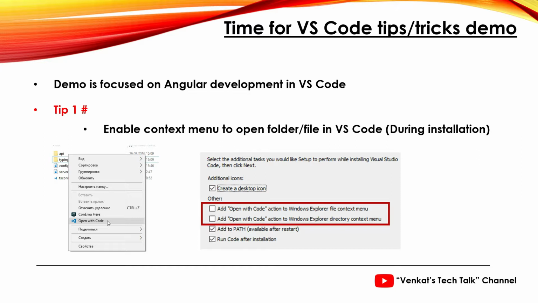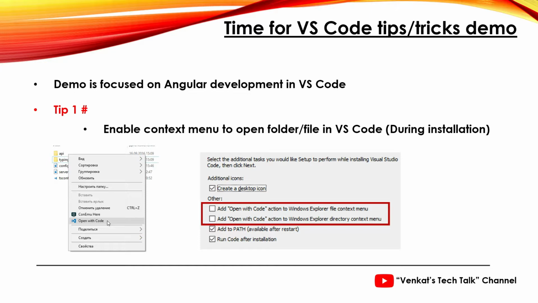If you do that, you will miss these two options, and then when you go to a folder and try to open it in Visual Studio Code, you will not get this context menu item, open with code. So we need to notice this checkbox during installation and select these options. Okay, let me jump into my VM and show all these and other tips directly in Visual Studio Code.